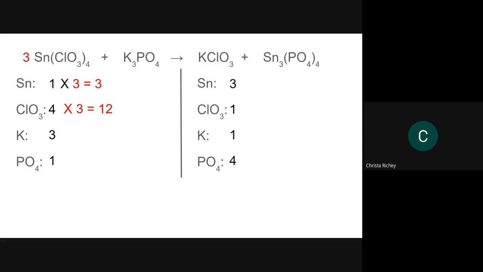How do I fix the second line? Times 12. I want them equal to each other. This 12 goes in front of that, but now I need to distribute to the potassium. So I don't have 1 potassium anymore. No, 1 times 12 is 12.